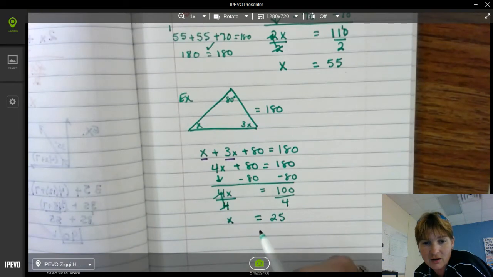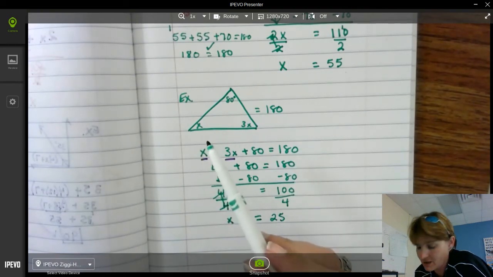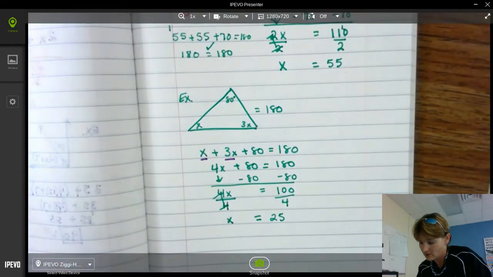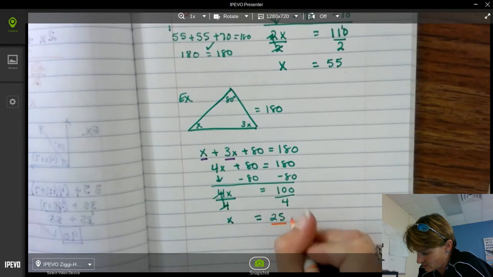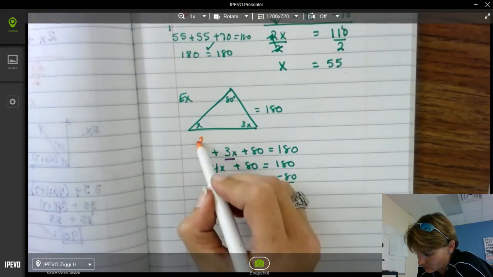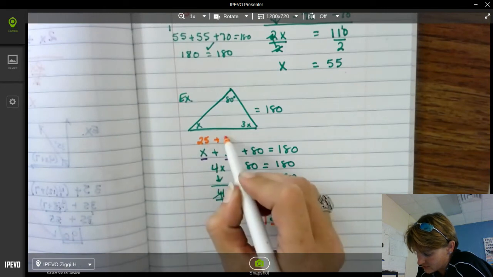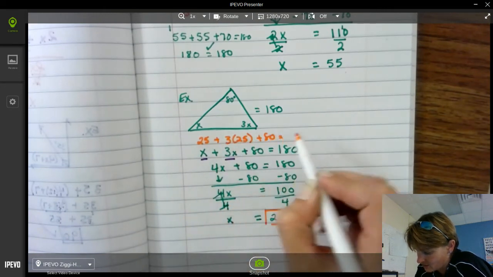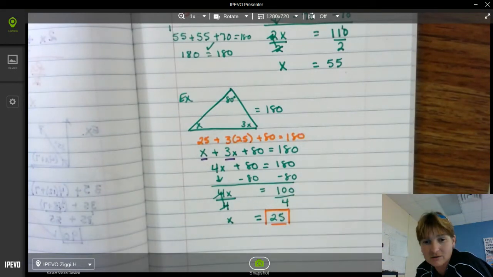From there, you can plug in 25 for x. So let's go ahead and plug in with a different color. We're going to plug in with orange. This means that I would have 25 plus 3 times 25 plus the 80 equals 180 degrees.